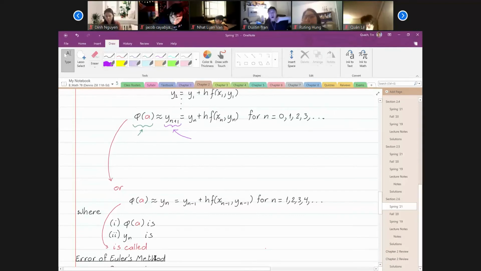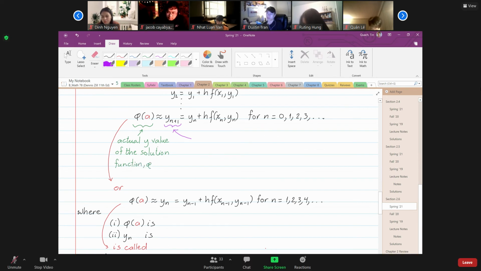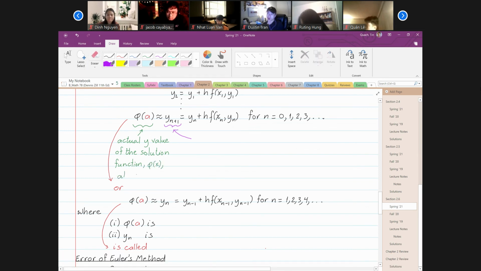Okay, so this is the actual y value of the solution function at x equals a.